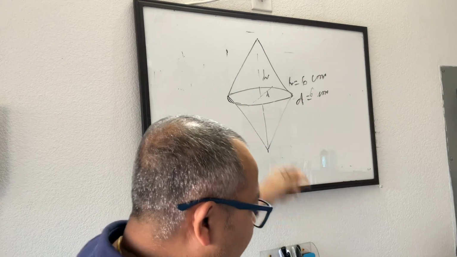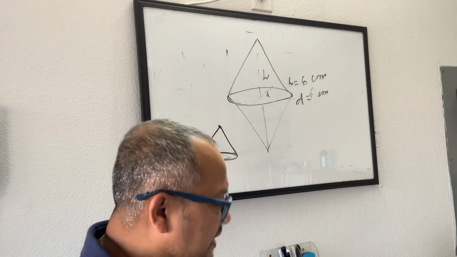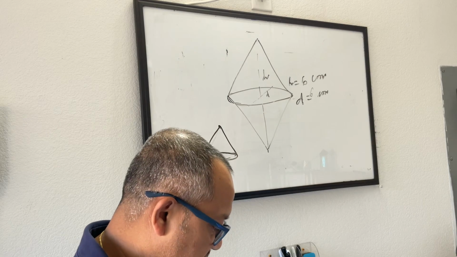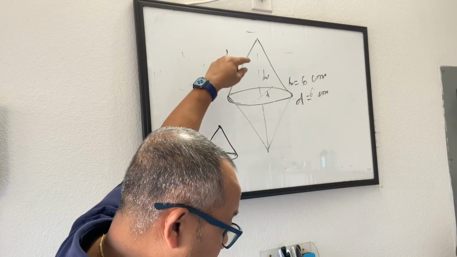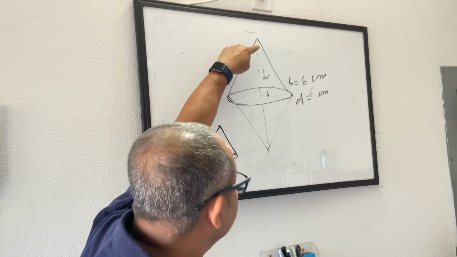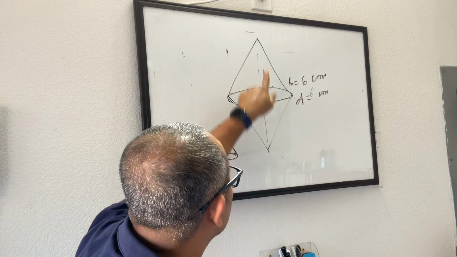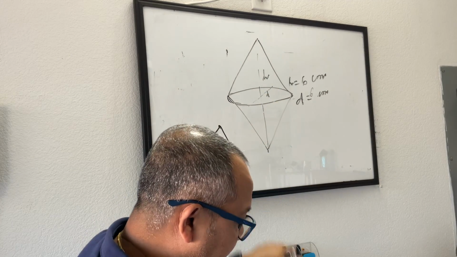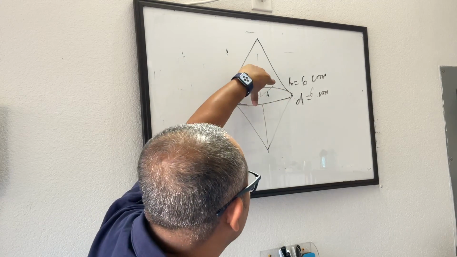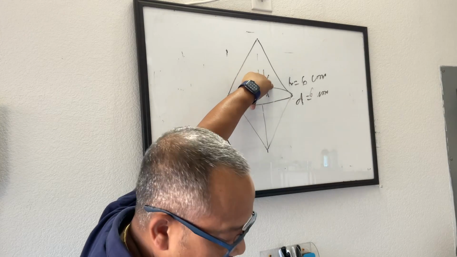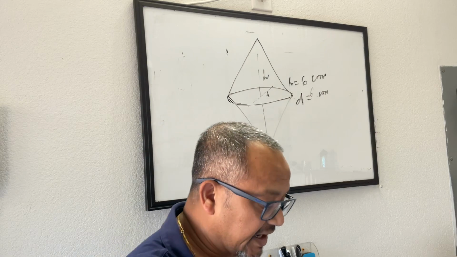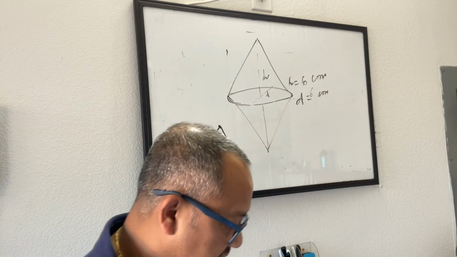So this top is formed by fusing two identical right circular cones by their base. The height of the top, which is the distance between the two cone points, is h, which is equal to 6 centimeter, and the diameter of the base is also 6 centimeter. We have been asked to find out what is the volume of the entire object in cubic centimeters.